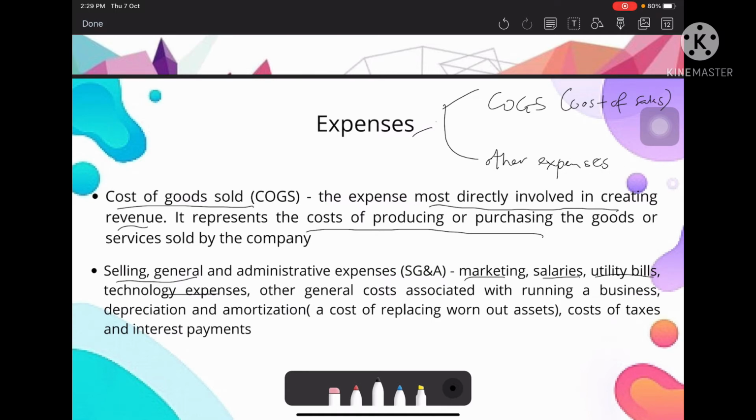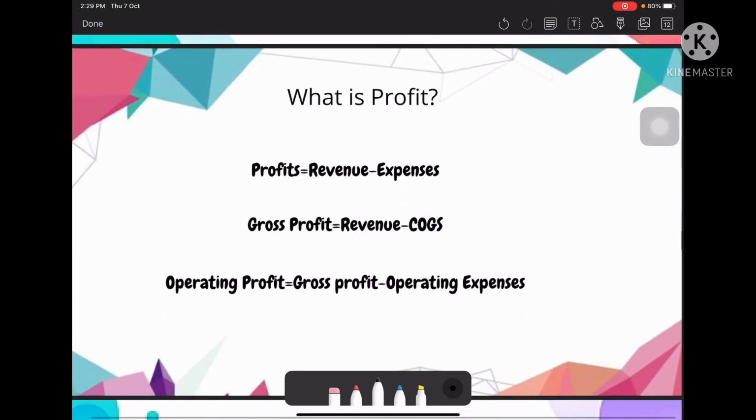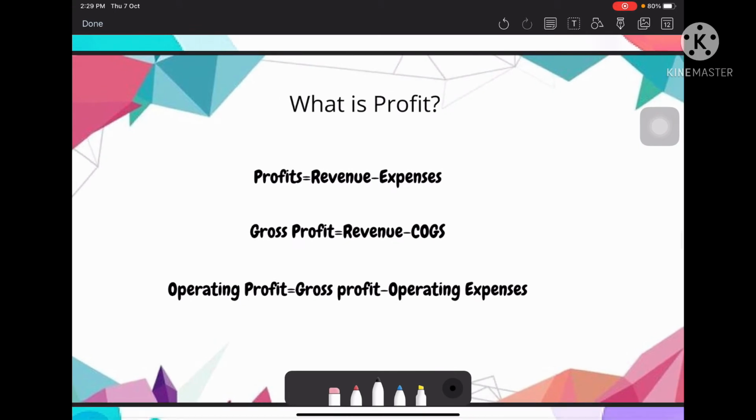So that's expenses. Now let's have a look at what is profit. Generally speaking, the profit comes from the revenue minus expenses. That is a broad definition. But if you look closely, what is the gross profit? The gross profit is equal to the revenue minus the COGS, cost of goods sold, or the cost of sale.